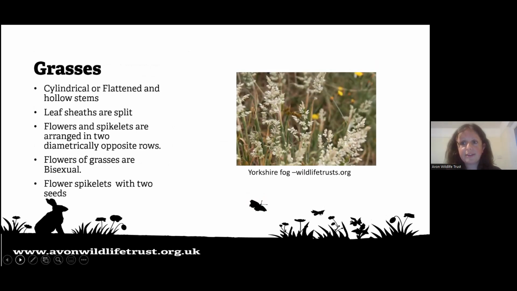Grasses, how to identify them? They are cylindrical in shape or flat. They have leaf sheaths which are split. The leaf sheath is the part just below the leaf, and it's sort of the joint that holds it all together.